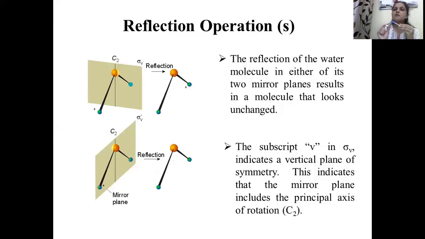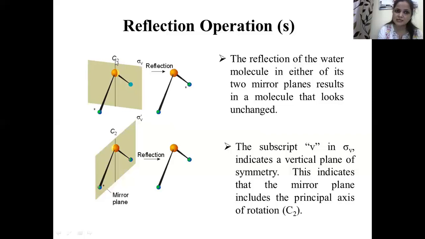In this case, we will pass a plane, a mirror, through the atoms, and we will get the image in the mirror. Suppose I am cutting this molecule like this. This is the plane. My hand is representing a plane. If I pass a plane through this atom, how it will look is as I showed here.